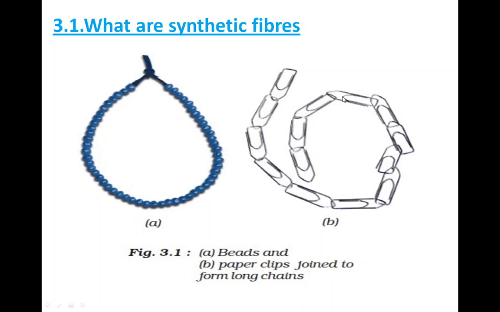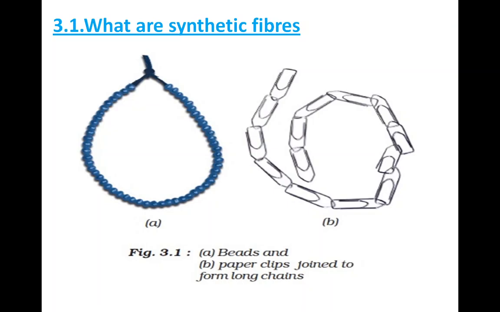Now, as we know that the synthetic fibers are made by humans. So actually what we are doing, so synthetic fibers means what? That is also a chain of small units joined together. And each small unit is actually a chemical substance.